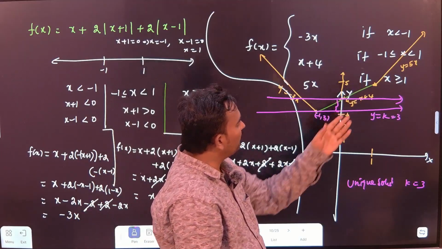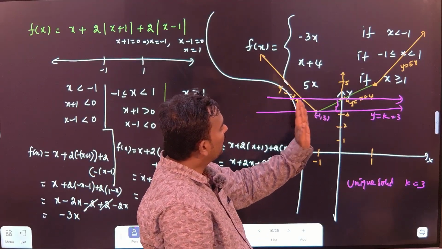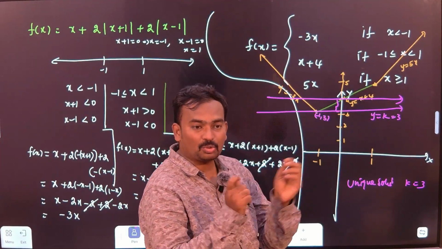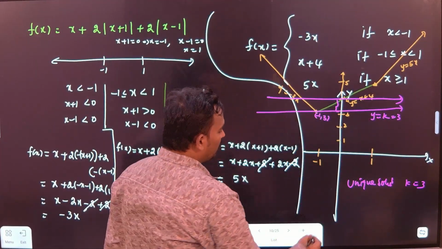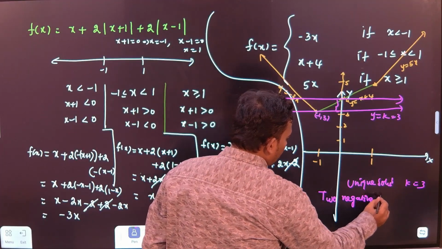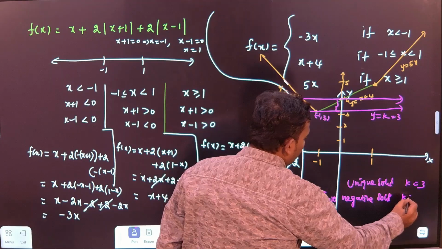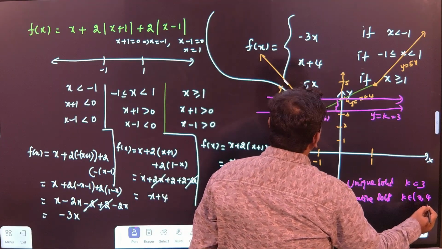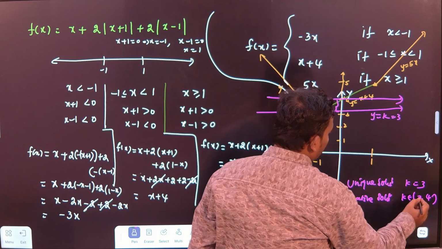If you take more than 3, you can see only positive solutions will come. So we need two negative solutions, so k will belong to the open interval 3 to 4, right? 3 to 4 you can take.